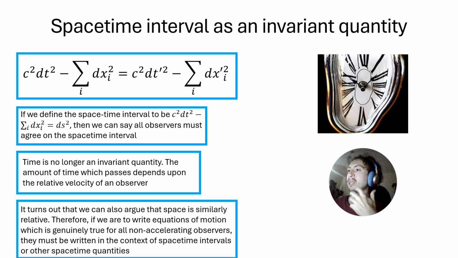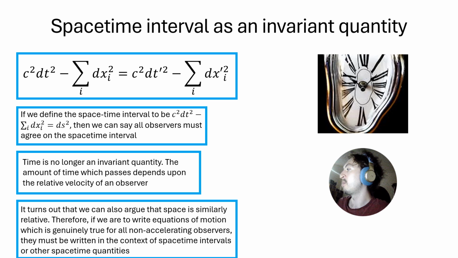It tells you that the space-time interval is actually the physically meaningful quantity, because unless you want to have a different set of laws of physics for every single possible velocity, you're going to want equations that make reference to things that all observers will agree upon, which turns out we're going to have to use quantities like the space-time interval or other things like that.